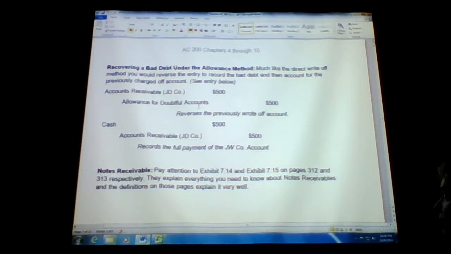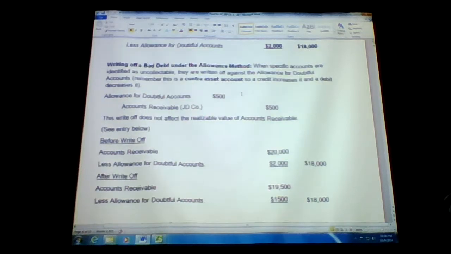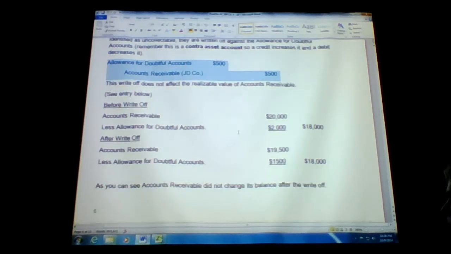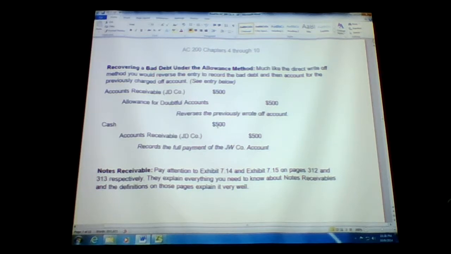This reverses the previously written off account. Then we would debit cash $500 and credit JD Company's accounts receivable account.